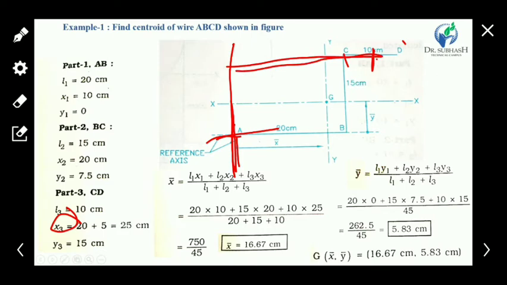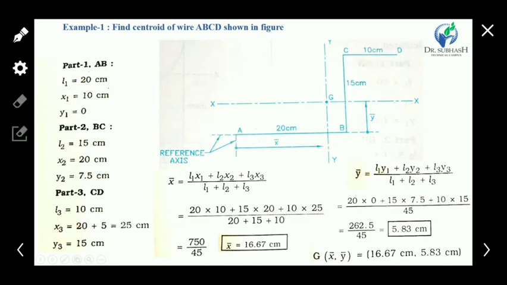So it's 20 plus 5, which is 25 centimeter, x3 for CD. And y3 is the vertical distance from the reference axis of the CG of CD. So the vertical distance is 15 centimeter, so y3 is 15 centimeter.